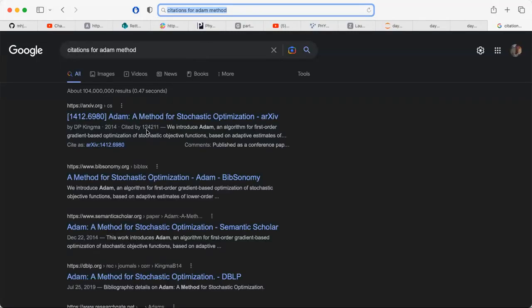And you can see the number here, right? 124,211 citations. That says everything about the importance of these gradient methods. As I said, a famous paper in physics has 100 citations roughly. So we are talking about 3 orders of magnitude.